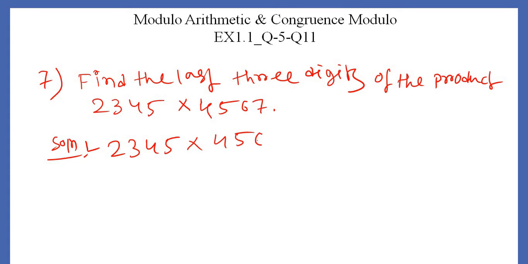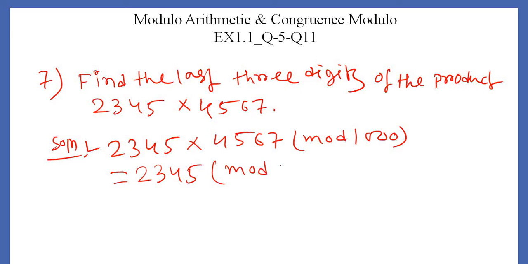That means you have to find the value of 2345 into 4567 mod 1000, and applying the property of multiplication of congruent modulo, we can write it as 2345 mod 1000 into 4567 mod 1000. Now very simple to get the remainder.